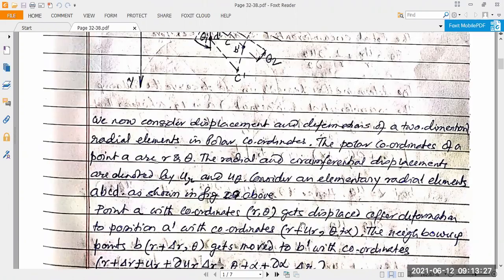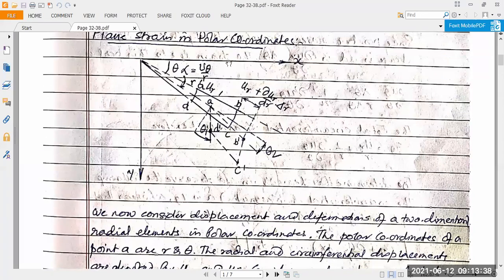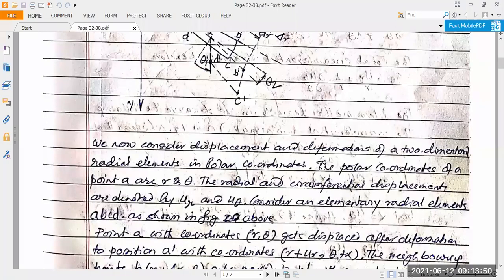So this point should be defined by means of its radial distance from the origin, and by means of its angle with the x-axis, or the angle that the line joining the origin to that point makes with the x-axis. It will be the theta radial coordinates of it.